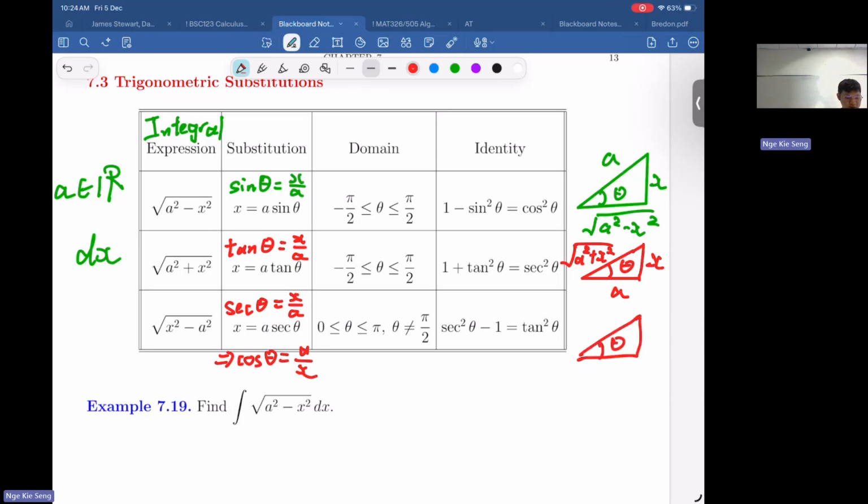You draw this triangle with theta, then cos is adjacent over hypotenuse, so adjacent is a, hypotenuse is x, so the opposite side is exactly the expression you consider. Okay or not? So why do you want to do this kind of substitution? Because it fits the right angle triangle. Later I'll show you the advantage of matching this triangle: it will make your integral simpler after you do this integration.